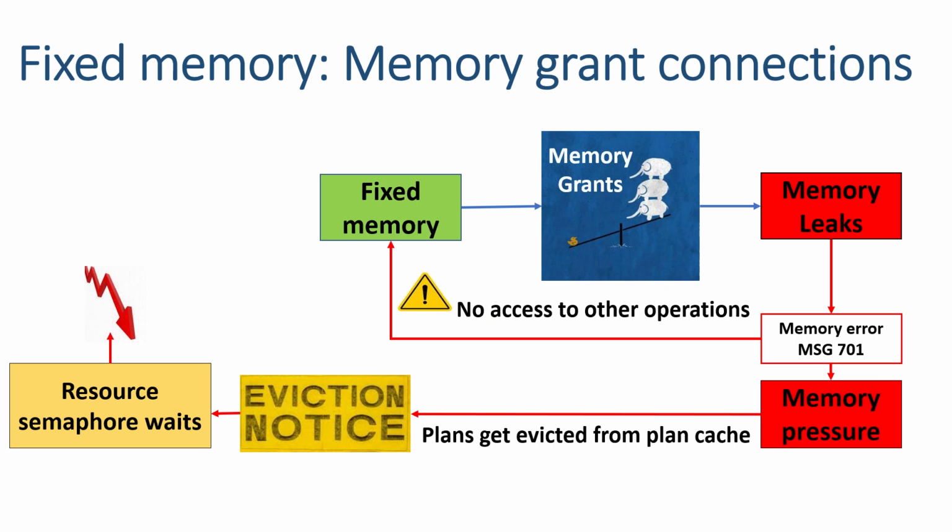Now let's talk a little bit about the memory grant feedback. Because many queries were spilling to the disk, SQL Server identified that there is an issue going on, and it released this memory grant feedback feature in 2017.